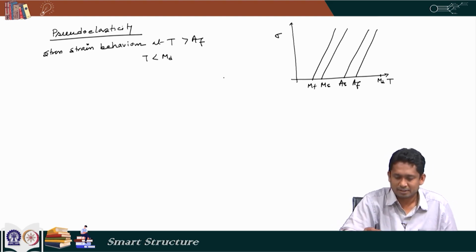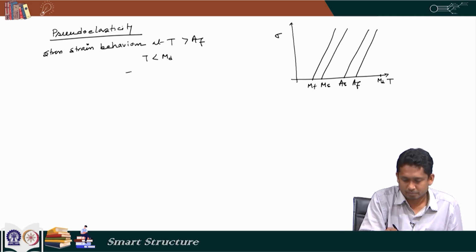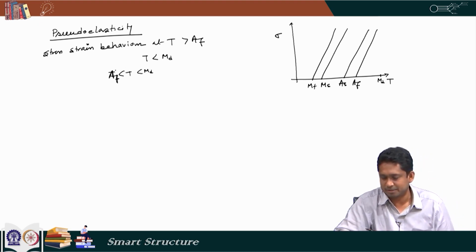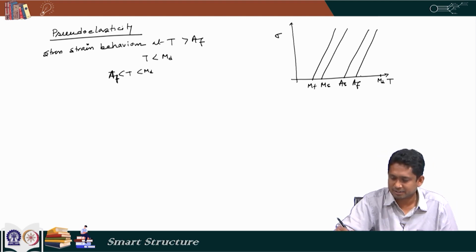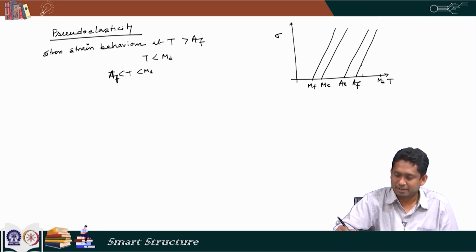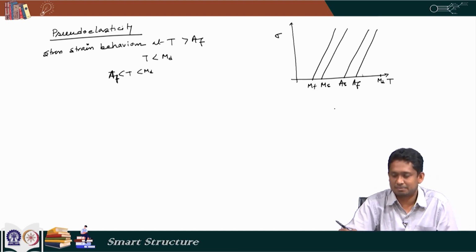So, we have to be within MD and AF to observe the pseudo elastic behavior. So, what happens here is once we start from here, and if we keep increasing the stress, then as the material crosses these lines MS and MF, the transformation takes place.